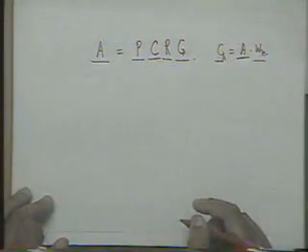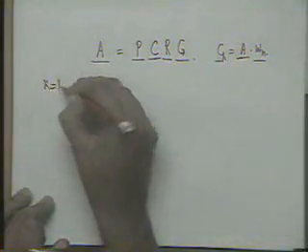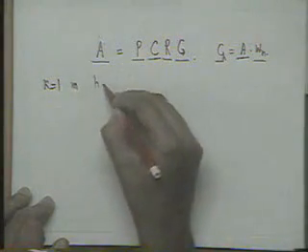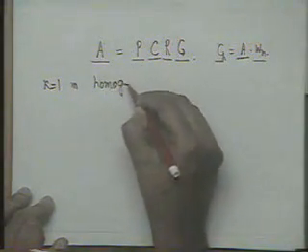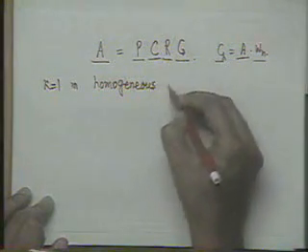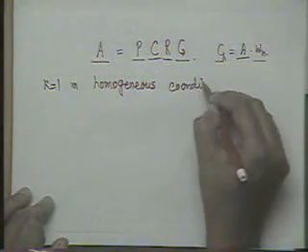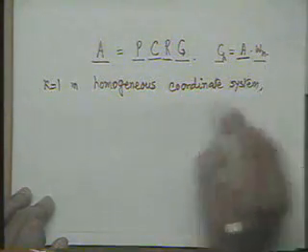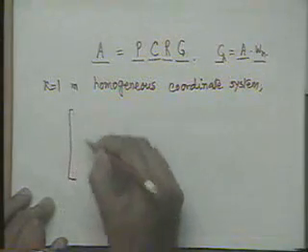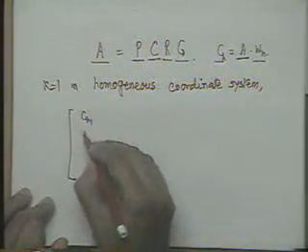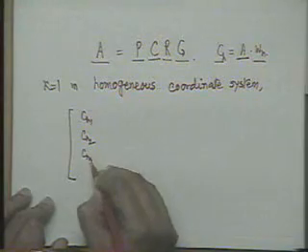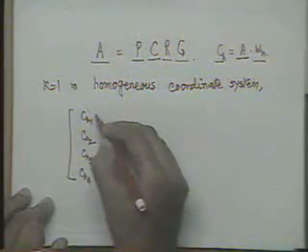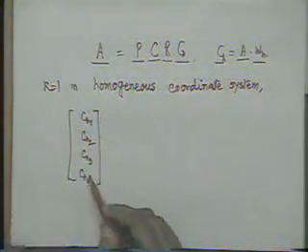Now letting k equal to 1 in the homogeneous coordinate system, we can write CH1, CH2, CH3, CH4, where CH1, CH2, CH3 and CH4 indicate the homogeneous coordinate components.